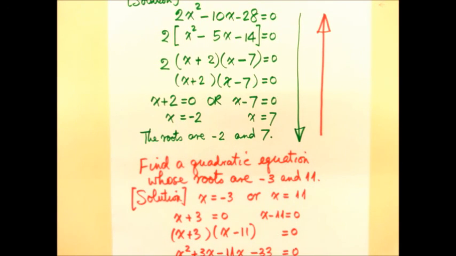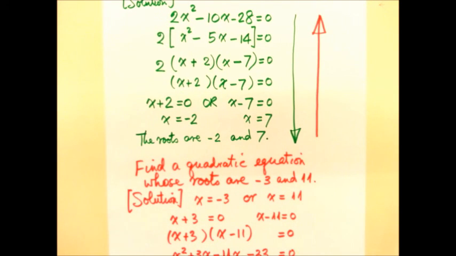Now remember, it's only one of the equations. There are many equations. They have the roots -3 and 11. So if you multiply 2 here, it is another equation.